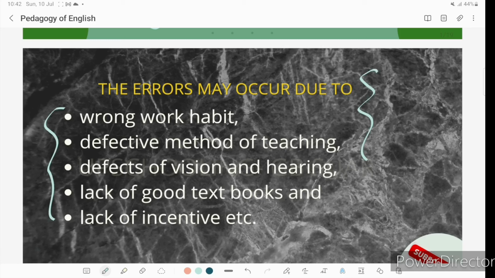The errors may occur due to wrong work habit, defective method of teaching, defects of vision and hearing, lack of good textbooks, and lack of incentives, etc. ऐसा क्यों है? कारण और निदान दोनों के बारे में हम आज चर्चा करेंगे.